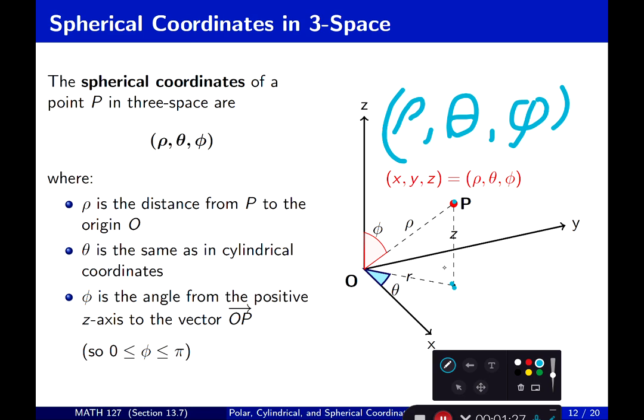Then you connect that reflection to O, and the angle that r makes with the positive side of the x-axis is theta. The angle that the vector OP makes with the positive side of the z-axis is phi.